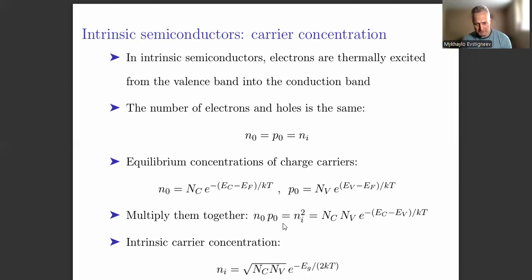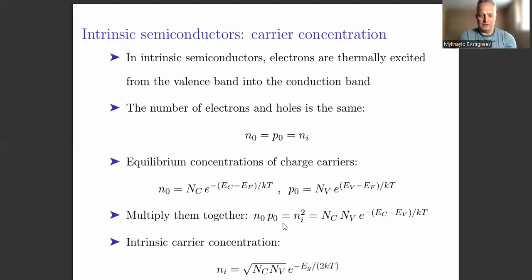When you dope the semiconductor, you will shift the Fermi energy either up or down, closer to the conduction band or to the valence band. No matter how you dope the semiconductor, the product n naught p naught will be equal to the square of the intrinsic concentration, no matter what.